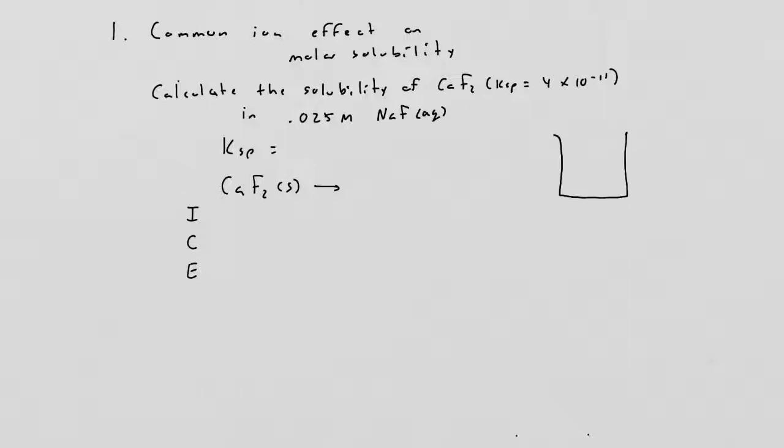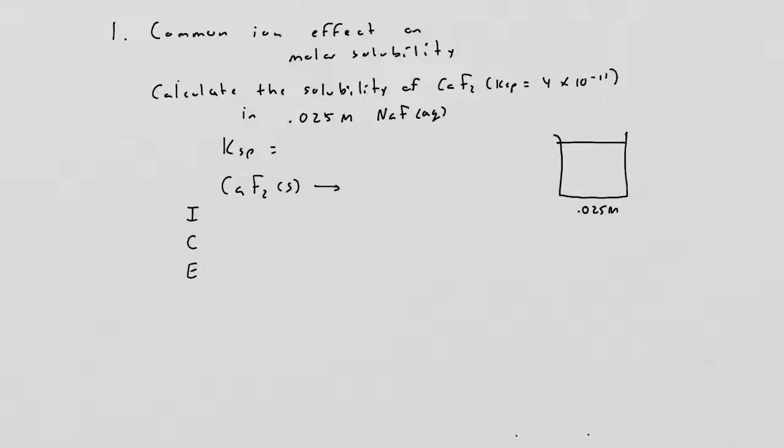Alright, so let's talk about what we have here. What we're assuming here is that we have a solution of NaF already made up, and it's got a concentration of 0.025 molar. And because NaF has one sodium, one fluoride, and by the way, I'm not even giving the Ksp because things that we said were soluble earlier in the year have really large Ksps.